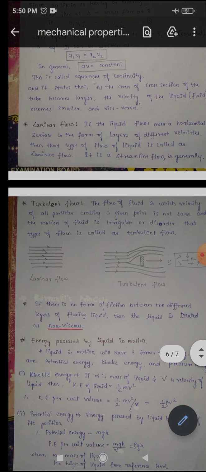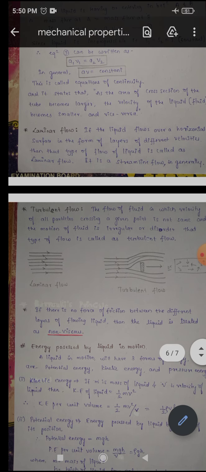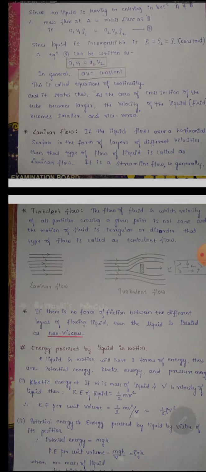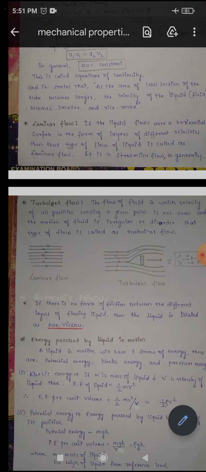This liquid has different layers, and each liquid layer is moving with a different velocity, but no layers are interacting with each other. Whatever the layers are there, they are going in a straight line along their path.